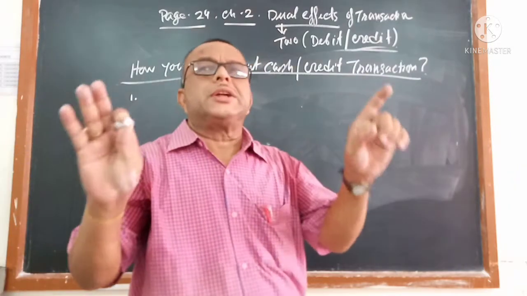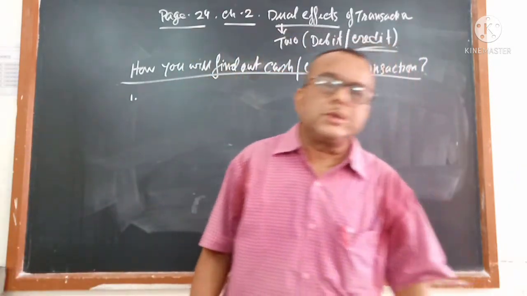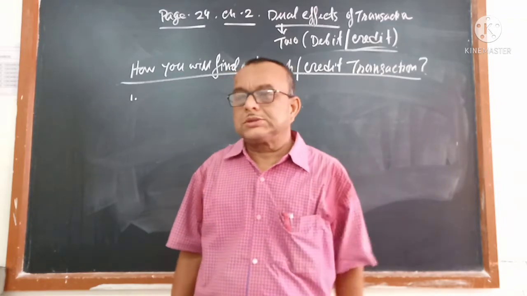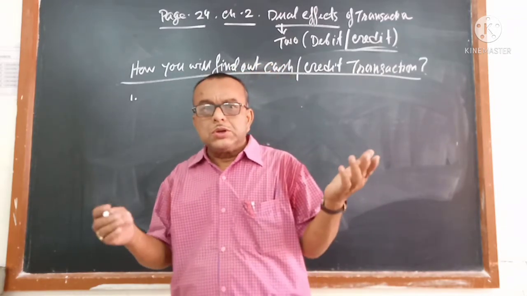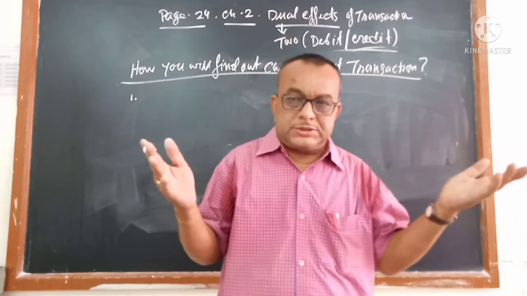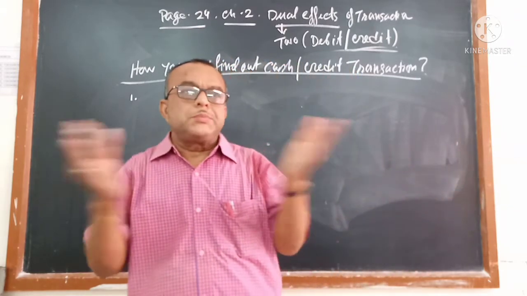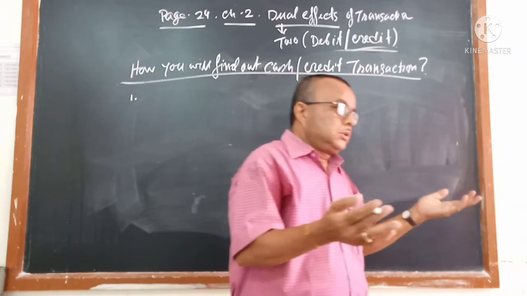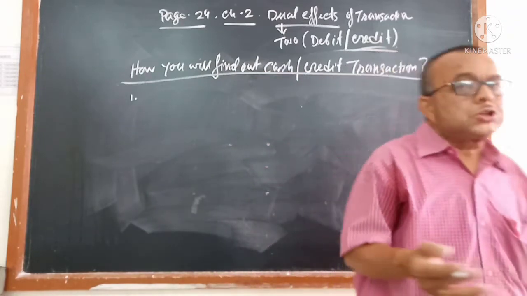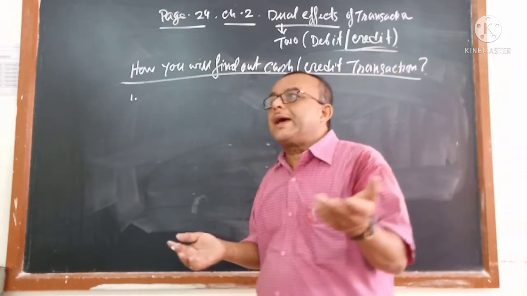I will read the sentence, whatever is given. I will read the transaction. A transaction will be one sentence in English form, and a sentence, you know, is an assembly of a few words. Suppose: purchase goods of rupees 5,000 for cash.